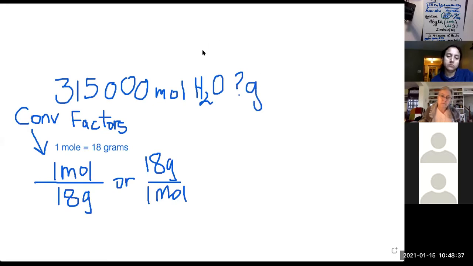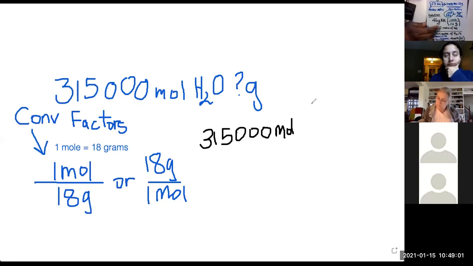And so here we go. Once we have that, we can write it out again. So I'm going to do this: 315,000 moles. What is the next step? Everybody, look at your notes that we just completed. It's still on the screen.